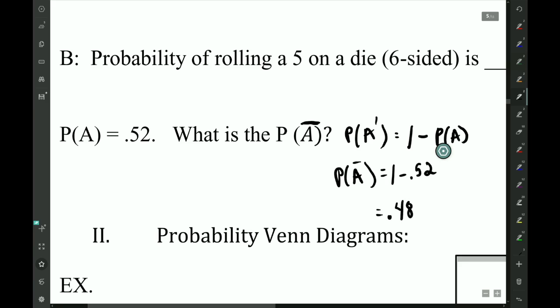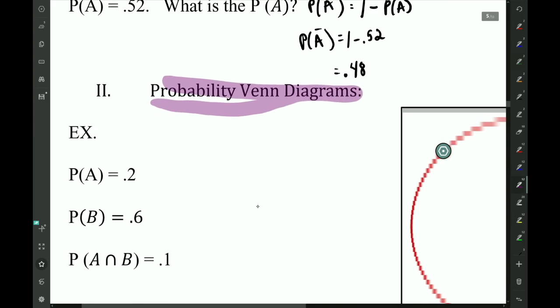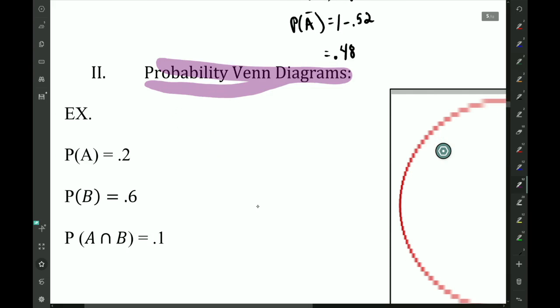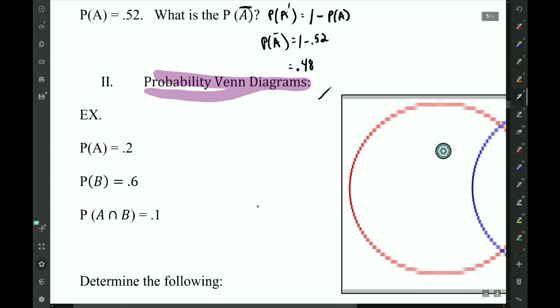Basic stuff there. But wait, there's always more, because we get into everyone's favorite Venn diagrams. Pretty much the same idea, only the new piece of information is that we always know the universe, for probability, is always going to be 1.